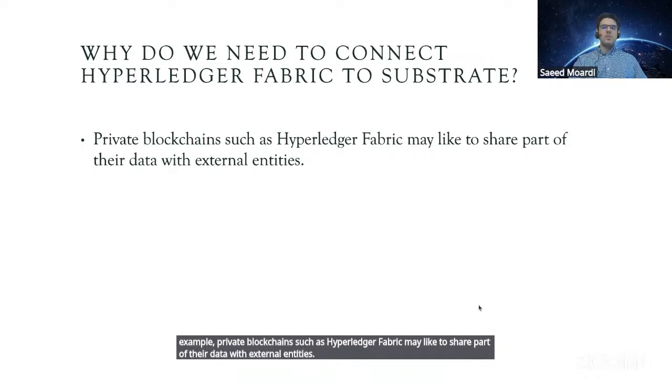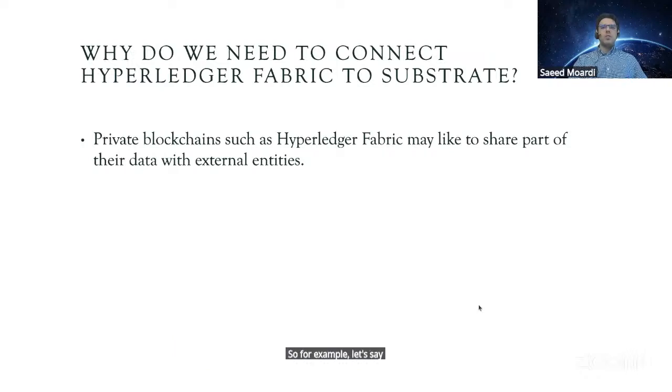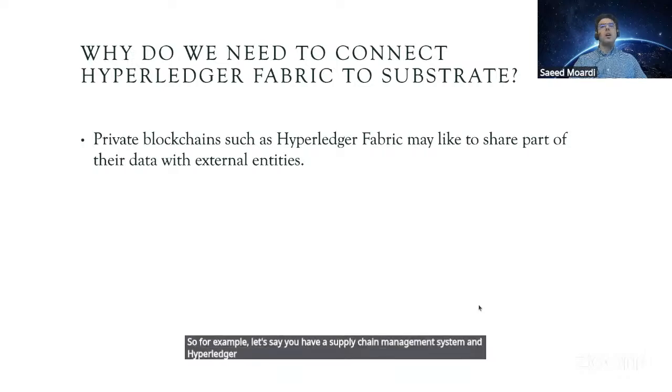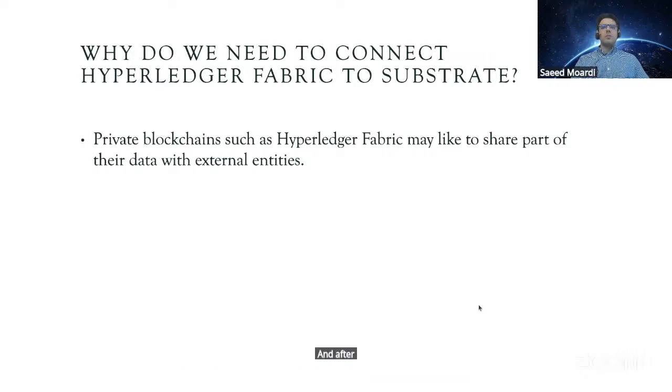Let's say you have a supply chain management system on Hyperledger Fabric, which is storing some data about your supply chain system. After a while, you have some data that you're not going to use anymore, or the privacy of your data is not something that you want to preserve anymore.